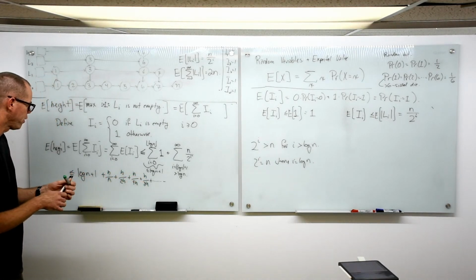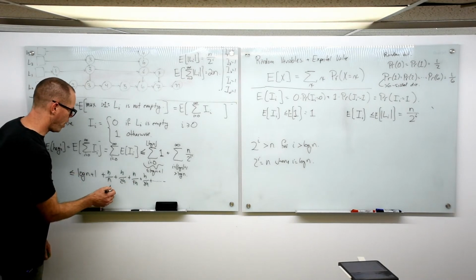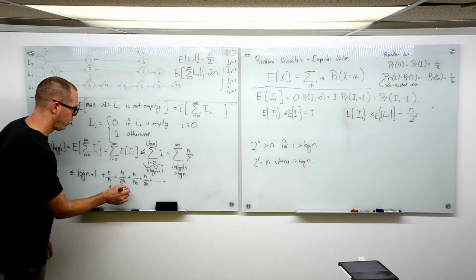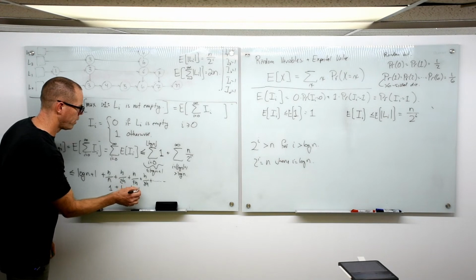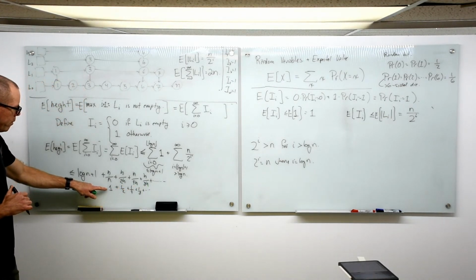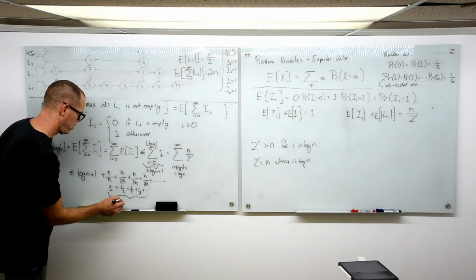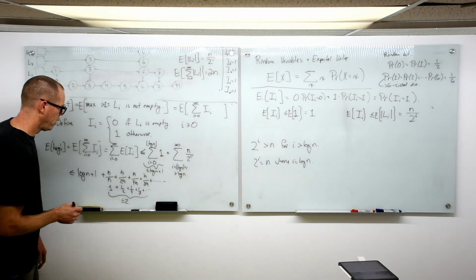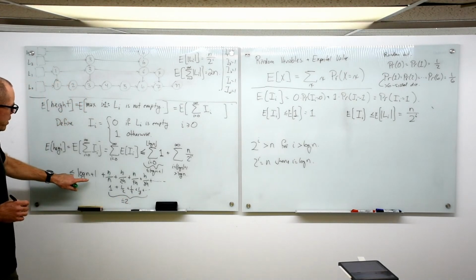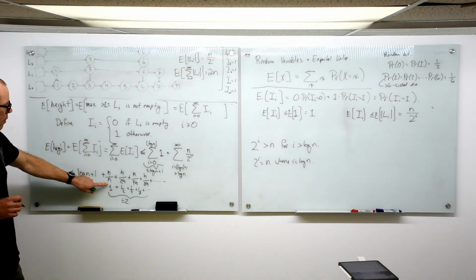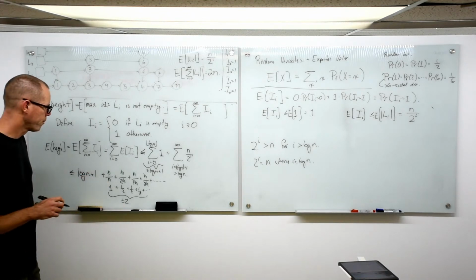So this other part is just 1 plus 1/2 plus 1/4 plus 1/8, and so on. So this whole thing adds up to less than 2, which means the whole sum is log n plus 1 plus something that's less than or equal to 2.